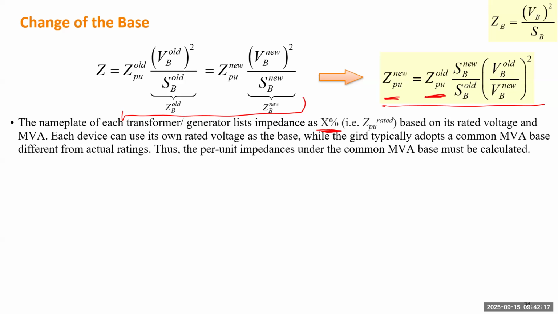It actually means the per unit impedance using the rated values as the base values. So if you see 20% for impedance, that means if you use rated power and rated voltage as the base values, the per unit impedance will be 0.20 per unit. That's exactly the same thing.